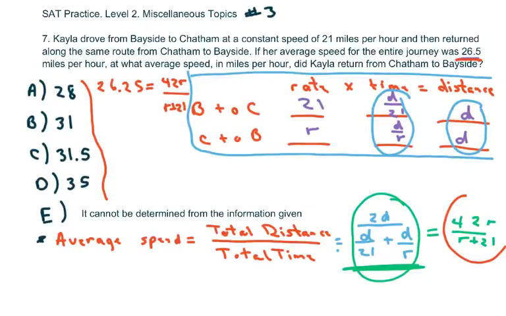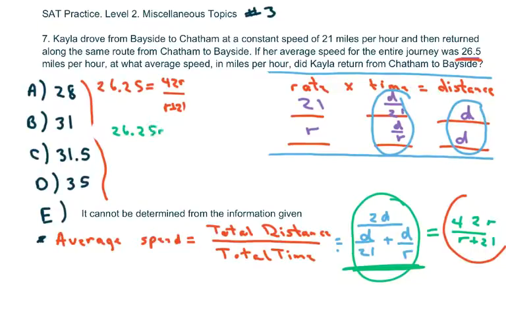And you cross multiply. I can erase this now, because I have to have some room here. So let me just do that again. When you cross multiply, you're going to get 26.25R plus, and then you multiply these two, and you're going to get 551.25 equals 42R.